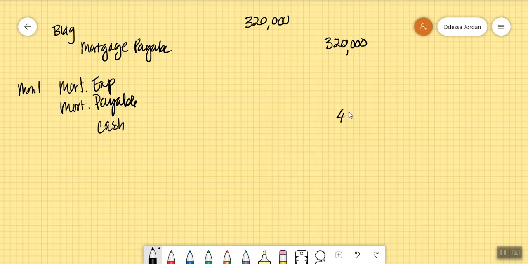Remember, we make $4,000 payments every month, and we already showed in the previous chart that when I do that, 2,400 goes towards the expense, and the remainder, 1,600, goes towards the principal amount of the loan. That's the only part that's paying down the loan.